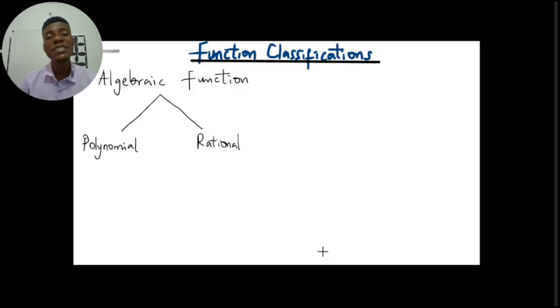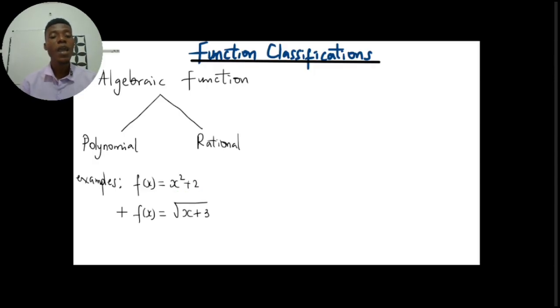Every function that can be expressed in form of a rational number can be referred to as an algebraic function. An example is f of x equals x squared plus 2. Of course, x squared plus 2 is a polynomial. So that is why we can call this function an algebraic function. Another example is f of x equals the square root of x plus 3. And of course, it is also an algebraic function.